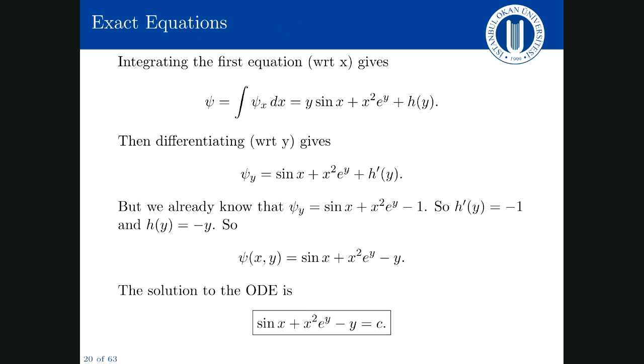First I integrate with respect to x, and then I want to differentiate with respect to the other variable. Differentiating with respect to y, we get sine x plus x squared e to the power y plus h prime of y.